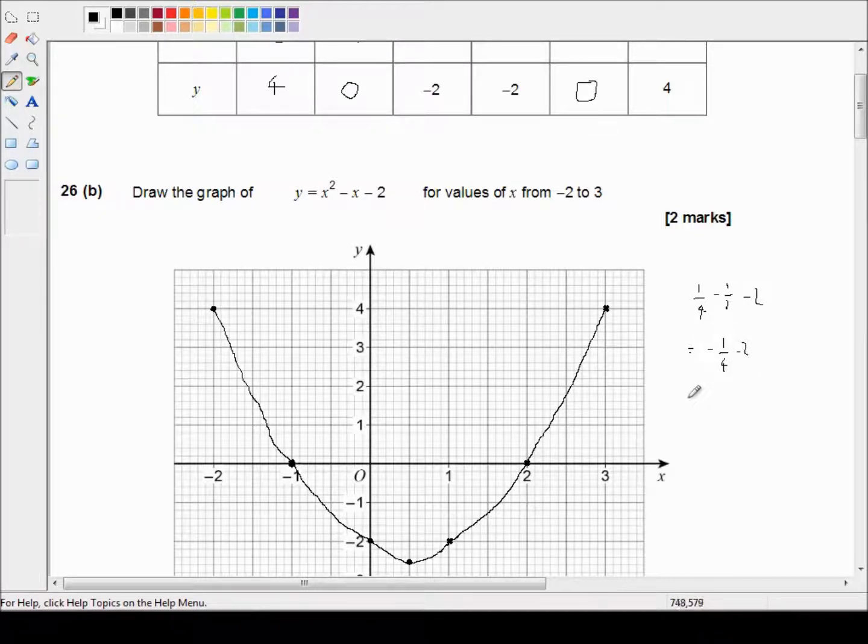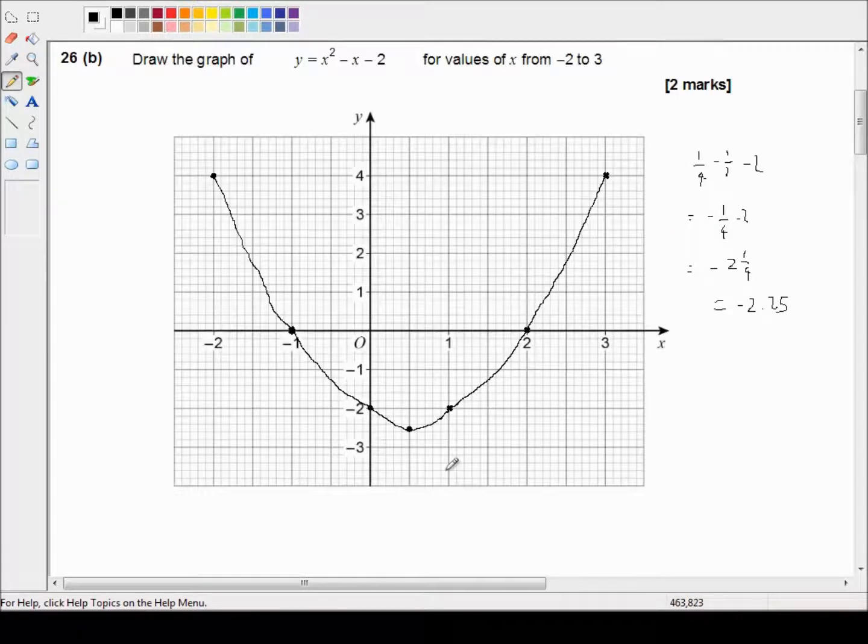So that's negative 2¼ or negative 2.25. So they're going to want to see that the minimum point is at negative 2.25.